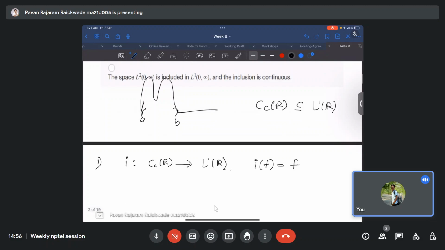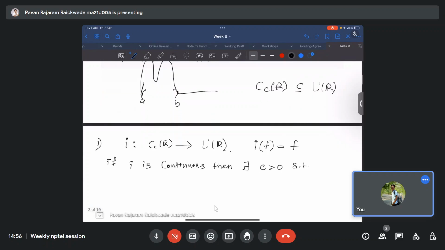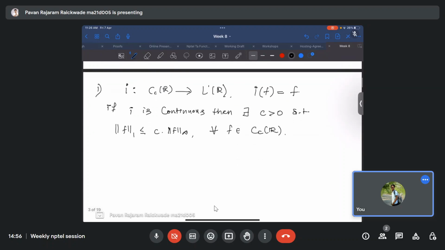If I is continuous, then there exists some C such that the L1 norm of f is less than or equal to C times the infinity norm of f for all f belonging to C_c over R. This is just the definition of linear continuity.